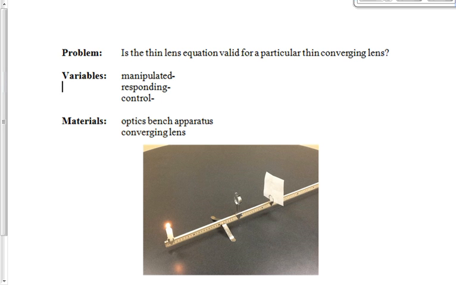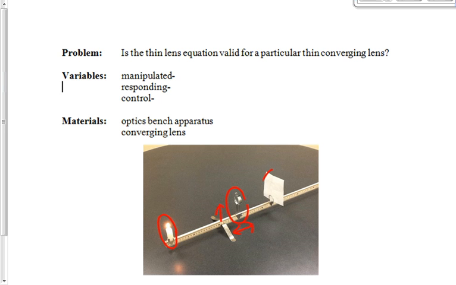I'm suggesting to you that you keep the object, the candle, in the same place at the end of the meter stick, and you move the lens back and forth as necessary. Here's why. This meter stick is obviously a meter long. Sometimes if we put our object way up here, really close to the lens, then we may run out of meter stick space.